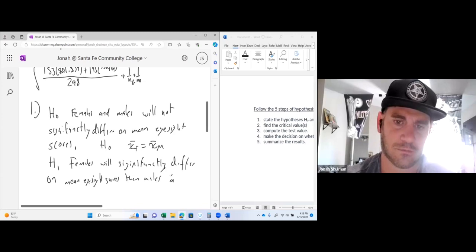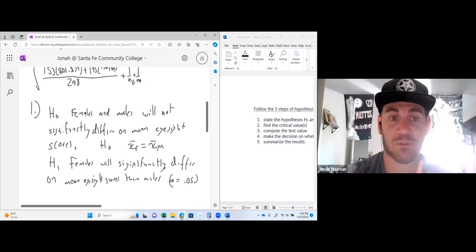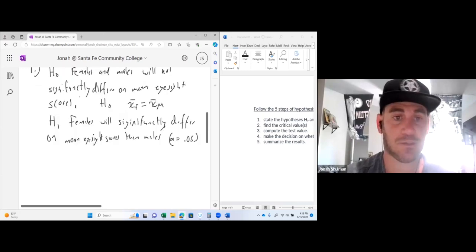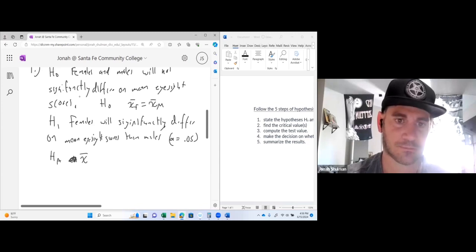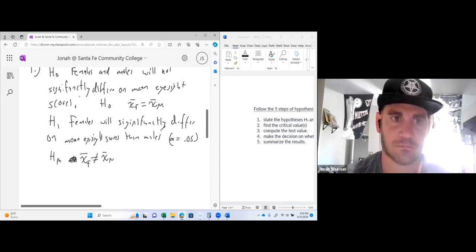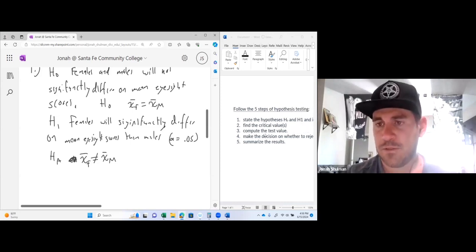Alpha is 0.05. So we want to do a 95%. So this is our two-tailed test. So our H1 or HA is a two-tailed test. Ta-da. All right, find the critical values.